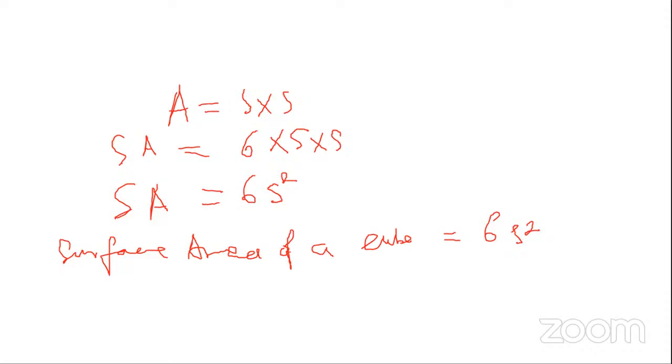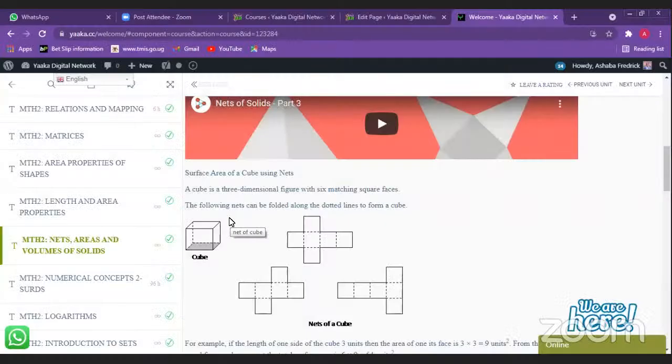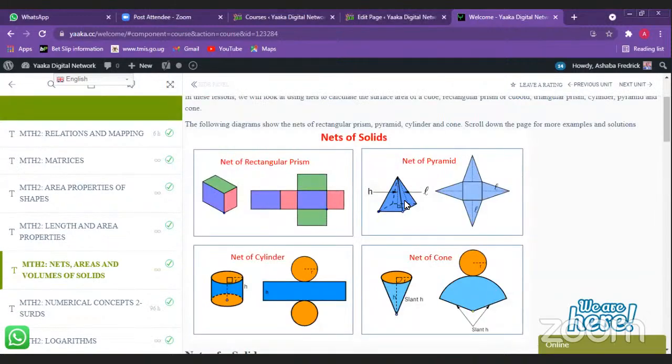For those of us who have just come, we are talking about nets. So we say the net is what you get when you open a certain shape. So if it is maybe a cube, when you open it, this is what you get. So maybe you can briefly look at these images here, and you get an idea of what a net is.